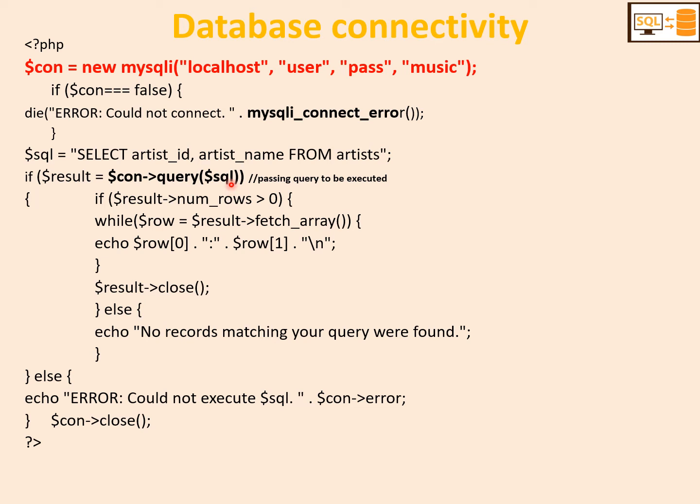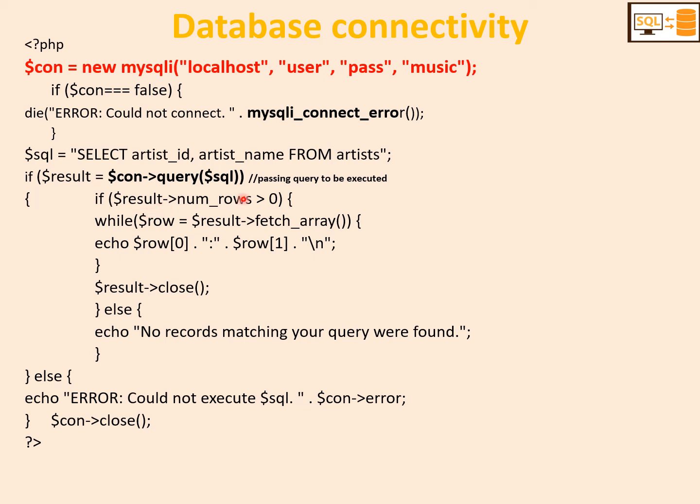If that particular SQL query is executed properly and retrieves rows from the table, then the $result variable has some data. Then we have to check the result variable: if $result num rows is greater than 0, meaning it has data, the number of rows should be greater than 0.